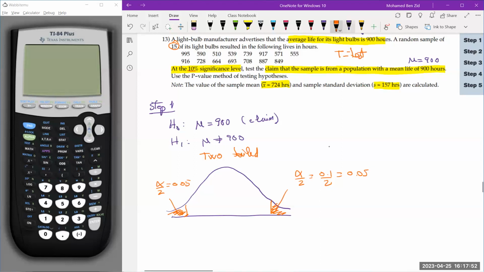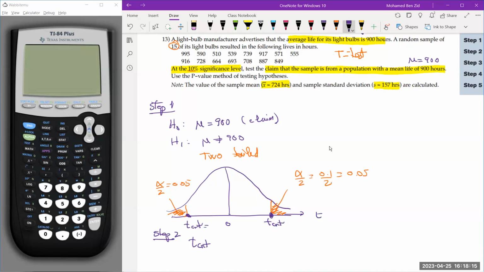And let's move on to step number 2. Step number 2, we need the T critical. And there are two of them, one here and one here, because two tails. So this is assumed to be 0 here. And we have two values, right?